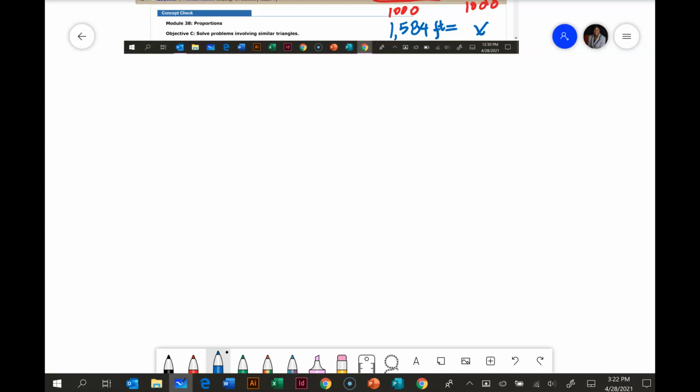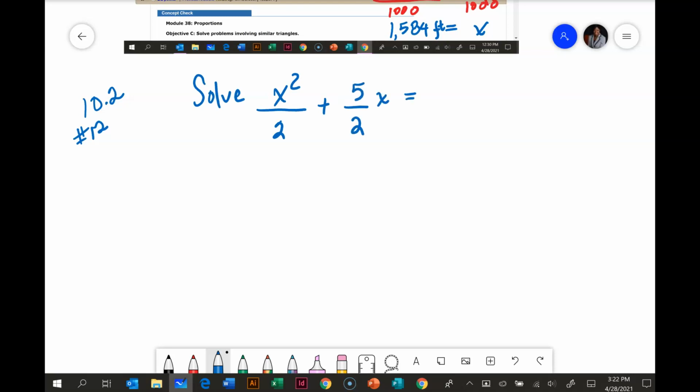Next, we're going to go to problem in 10.2. Number 12, solve x squared over 2 plus 5 over 2 x equals -1. So we're solving equations with fractions.